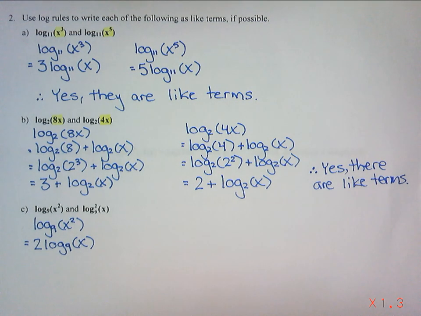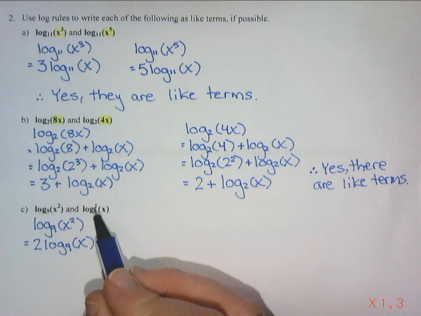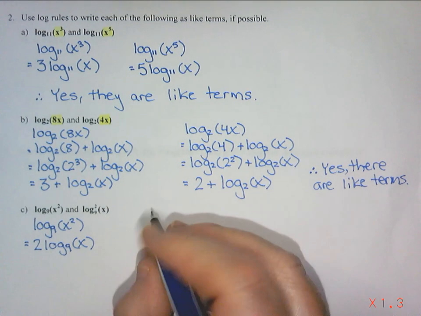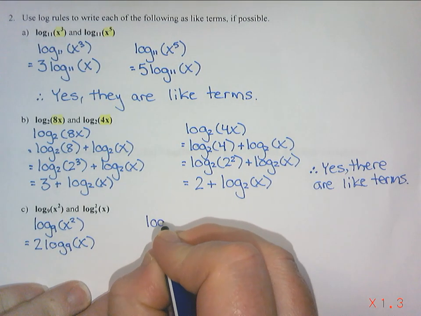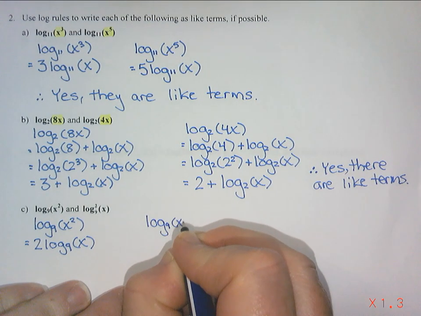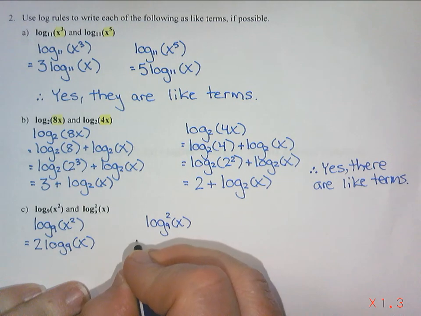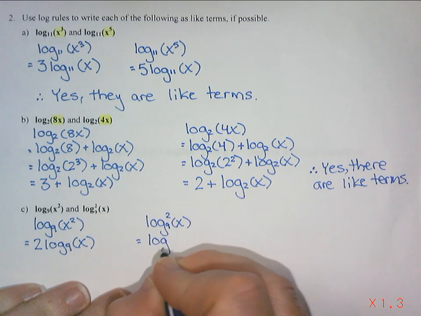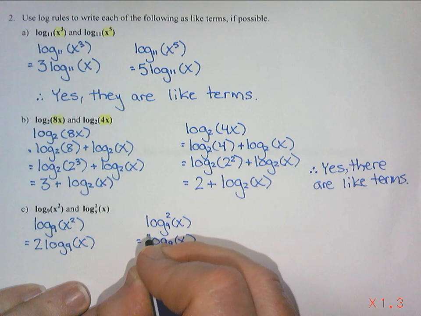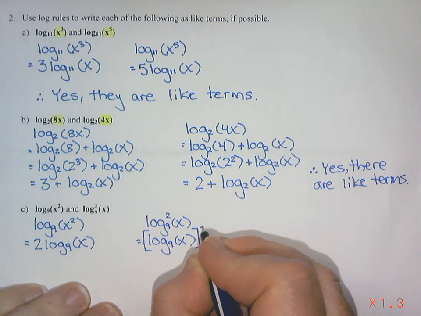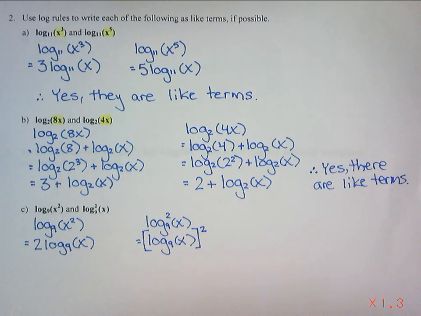Now the other one, the exponent is not on the argument. The exponent is actually on the log. So log base 9 squared of x really means log base 9 of x, and then that whole thing is multiplied by itself, it's squared.